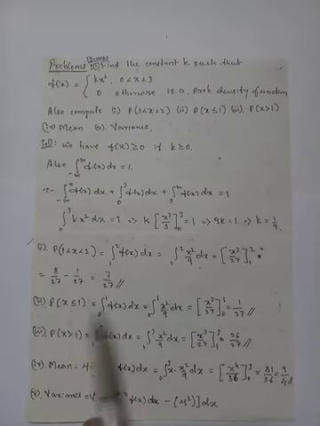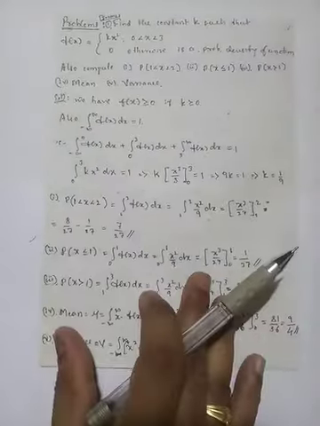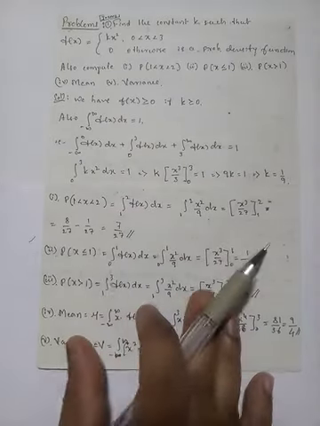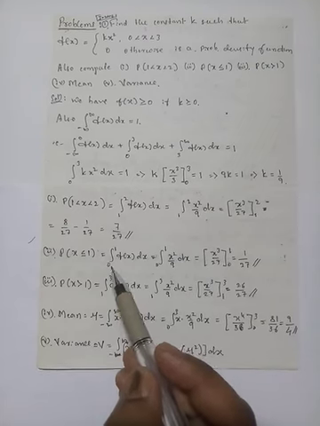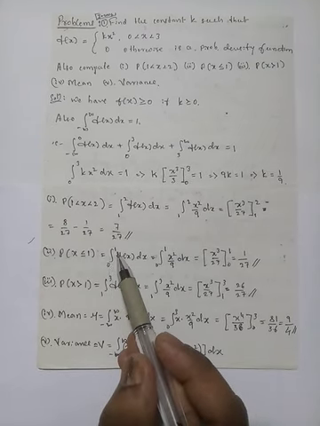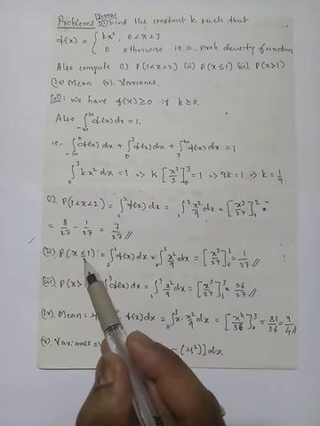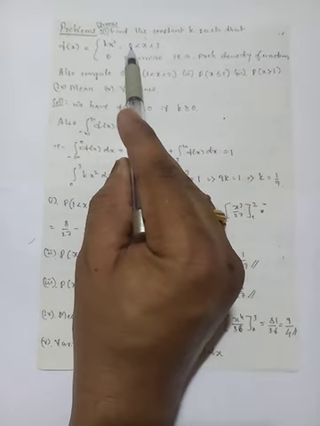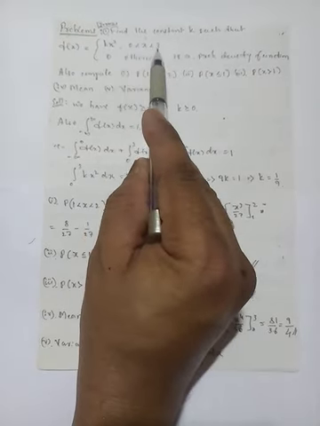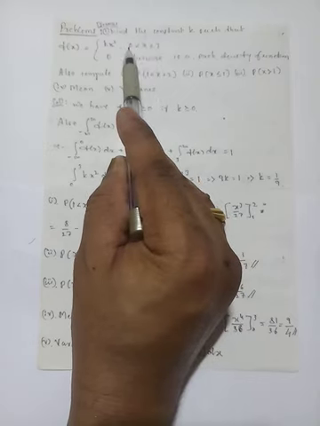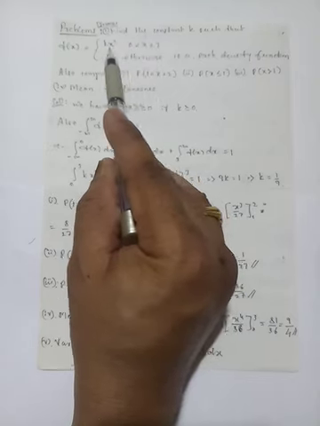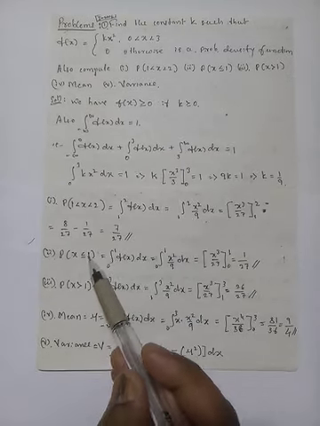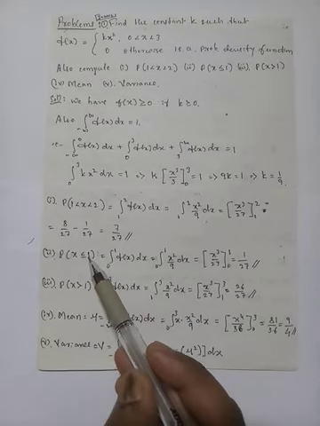Similarly, P of x less than or equal to 1. Less than or equal to 1 means it ranges from 0 to 1. Why do we have to take 0? Because as per the given, the function is defined from 0 to 3; we cannot consider less than 0. Therefore less than 1 means it should be from 0 to 1.